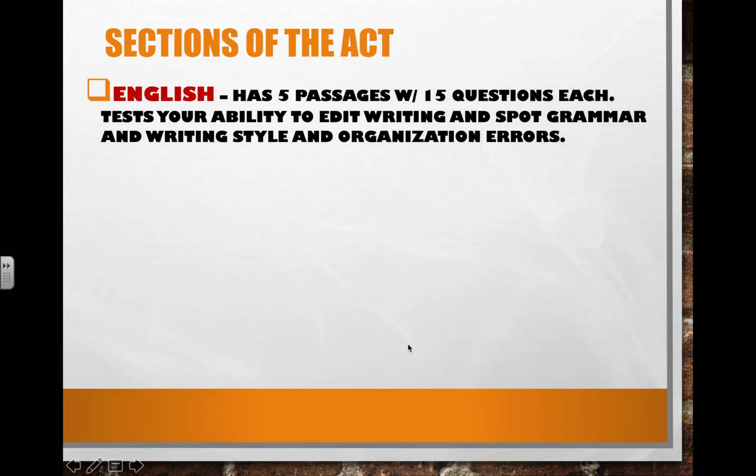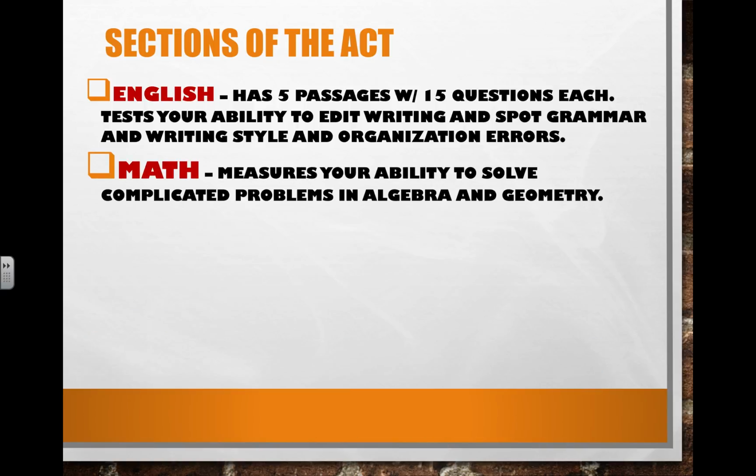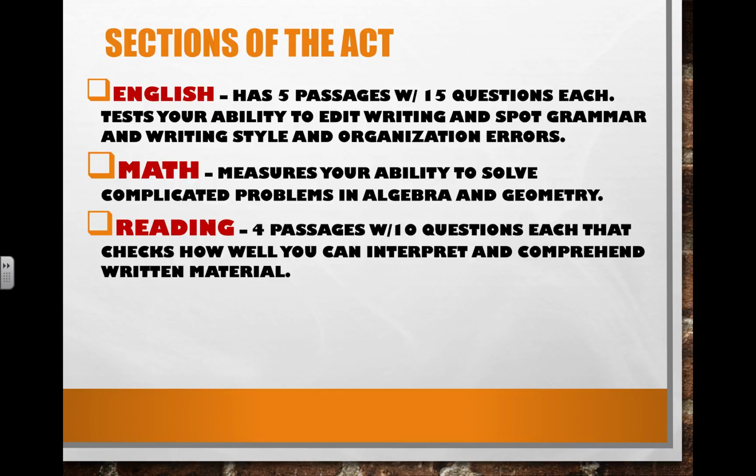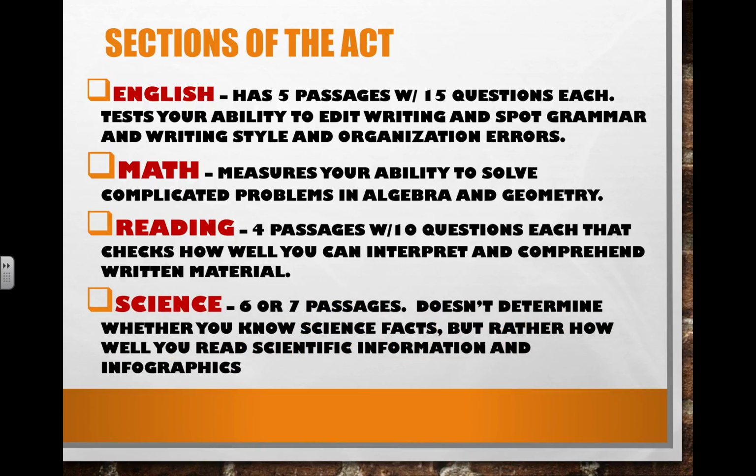Again, the sections. English has 5 passages with 15 questions each, and tests your ability to edit writing and to spot grammar, writing style, and organization errors. Math measures your ability to solve complicated math problems in algebra and geometry, with a few trigonometry questions. Reading has 4 passages, 10 questions each, and checks how well you can interpret and comprehend written material.